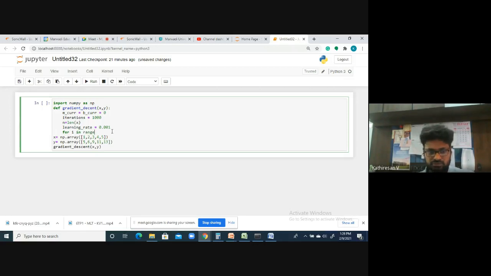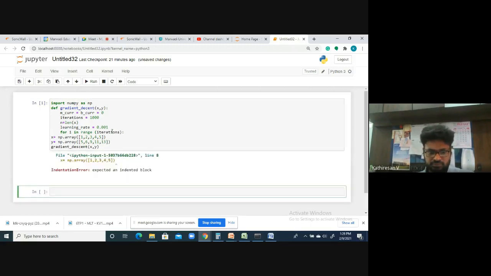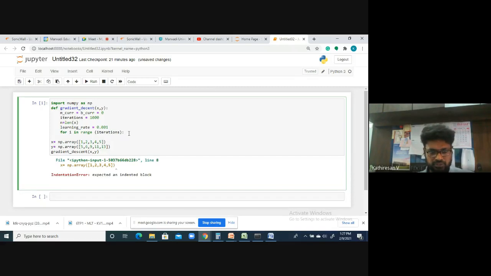Okay, so now I'm getting into the iteration loop: for i in range iterations. So here I'm having y predicted equal to m current into x plus b current.